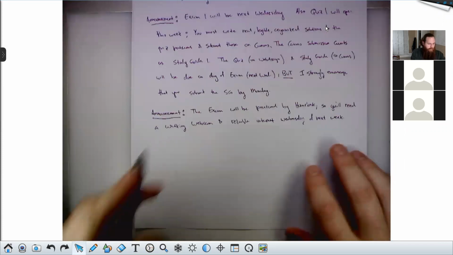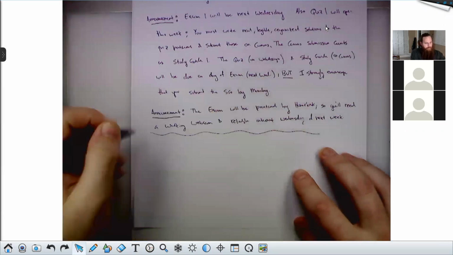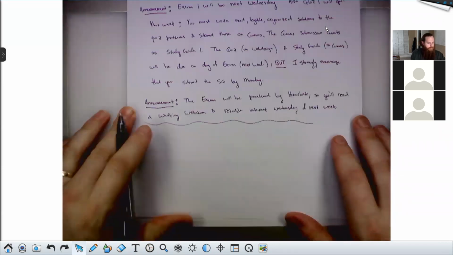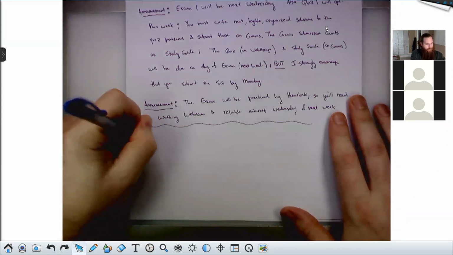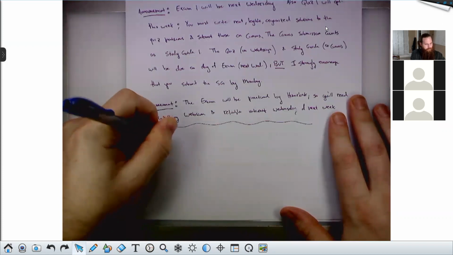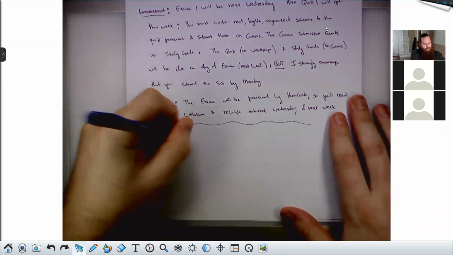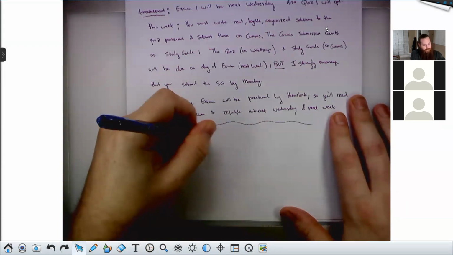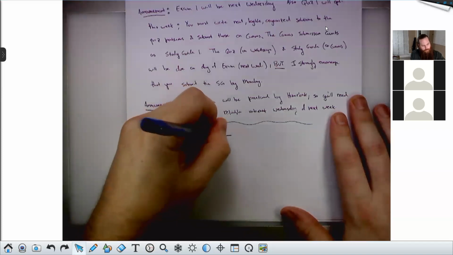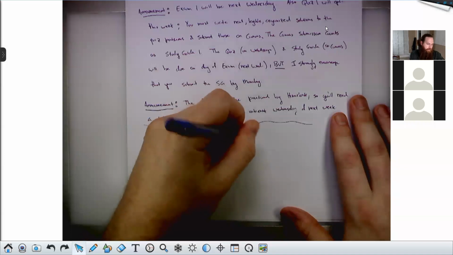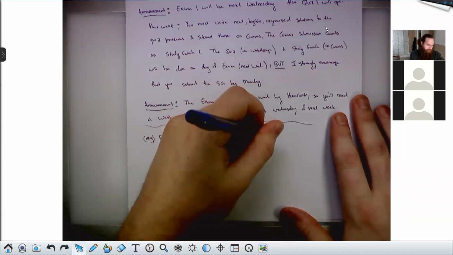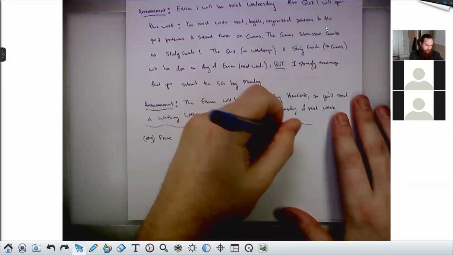I'm going to tuck it down here to be a little conservative with my paper. So let's prove that f of x equals 1 over x squared plus 1 is an even function.